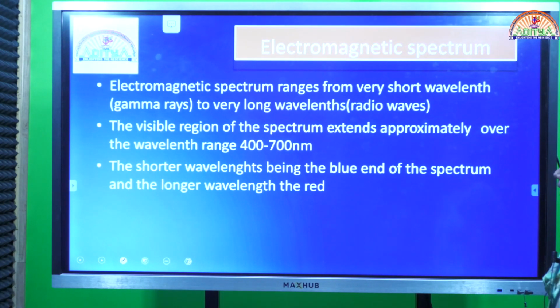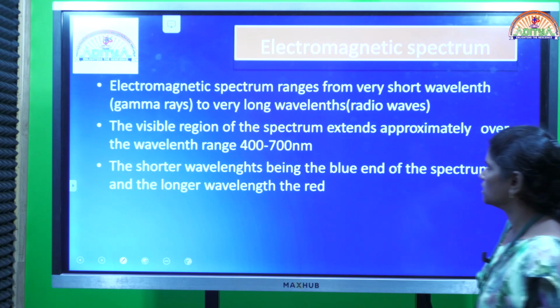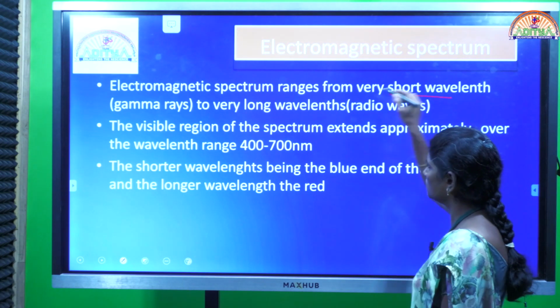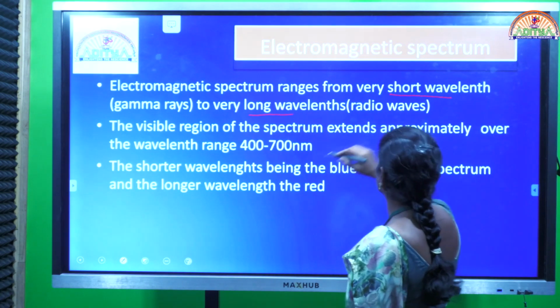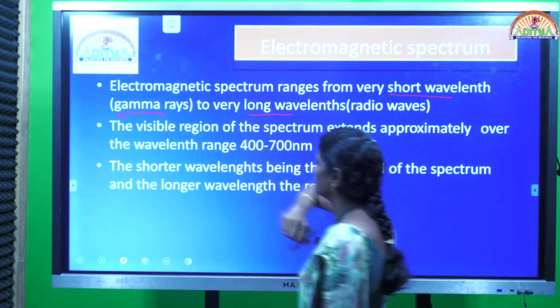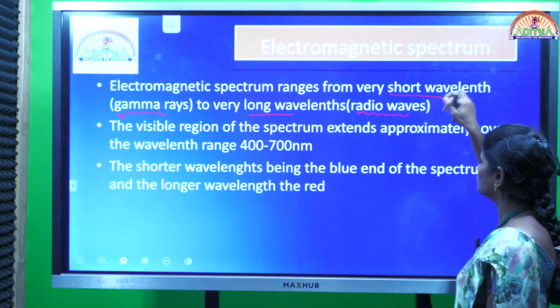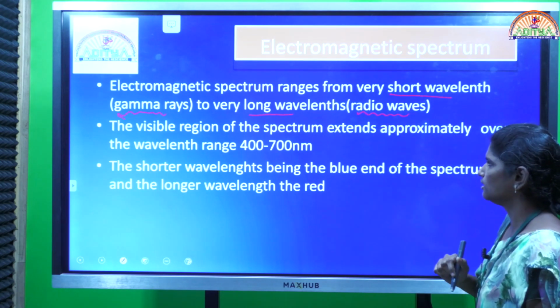So this electromagnetic spectrum, which combines all the various forms of radiations, includes all the radiations from shorter wavelength to the longer wavelengths, starting from gamma rays. Gamma rays are known to have the shortest wavelength, continuing up to the radiations with the longer wavelengths.